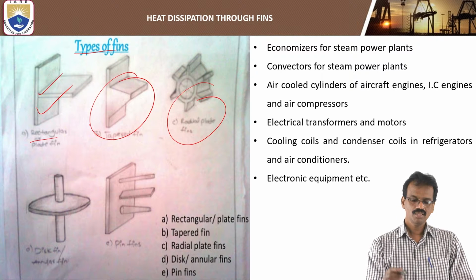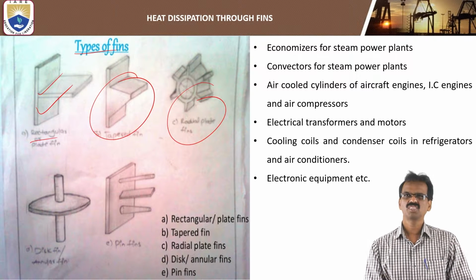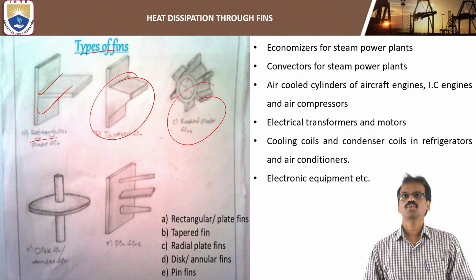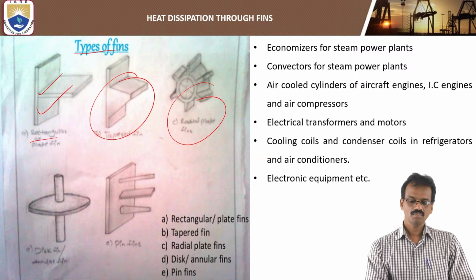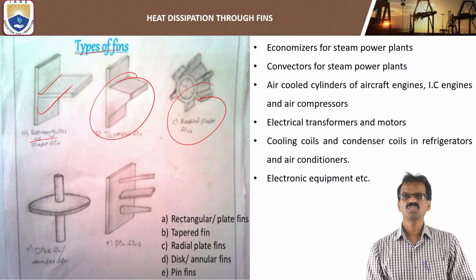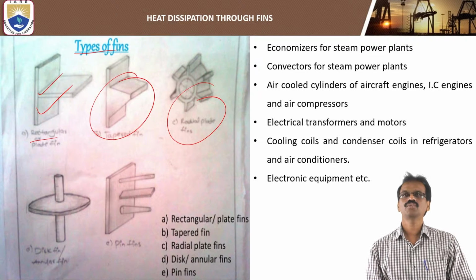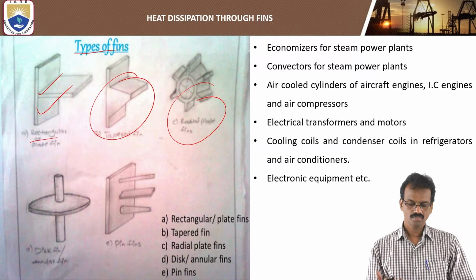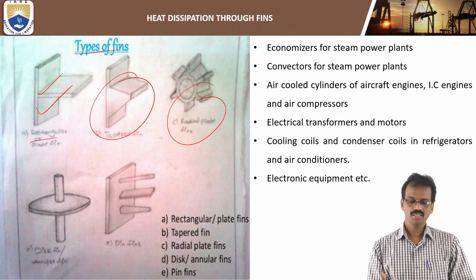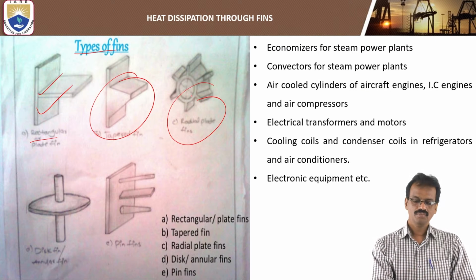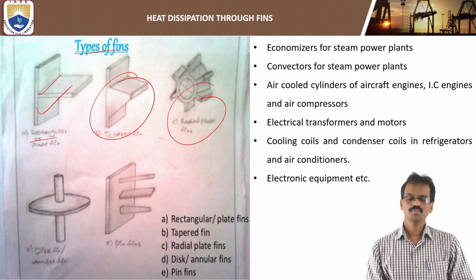Radial plate fins we can observe on electrical motors. In the electrical motors, this type of fins is used to increase the effective area and improve the heat dissipation from the surface of the engine to atmospheric conditions.